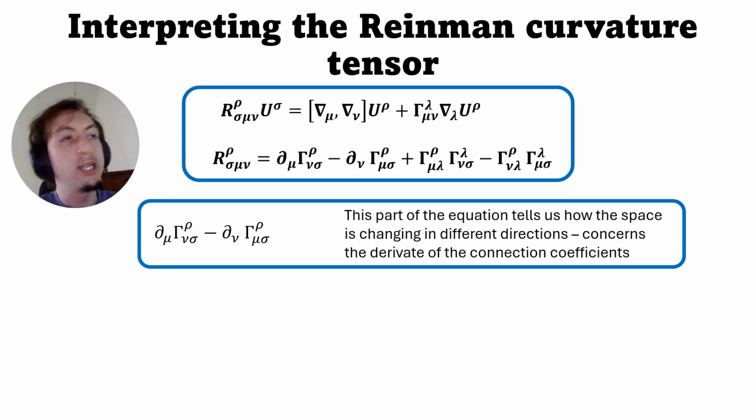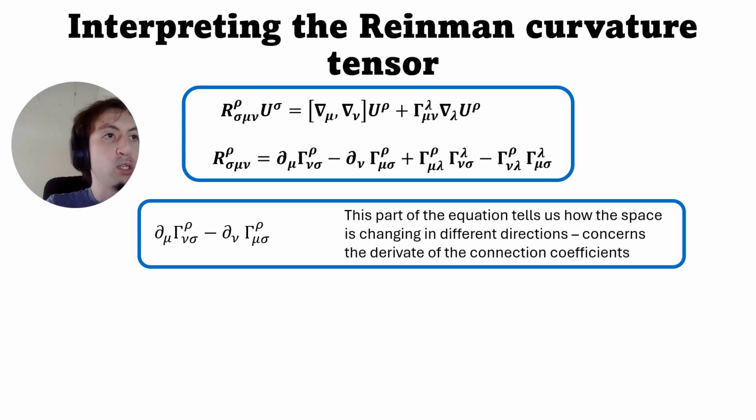And so a way to interpret this pair of terms is that it's telling us how the metric is changing in different directions.